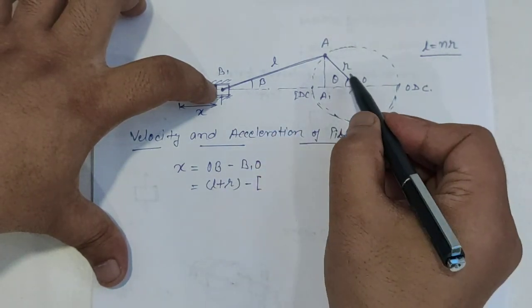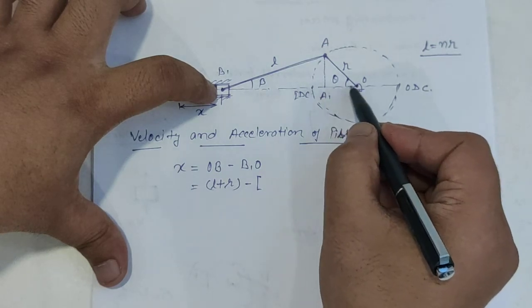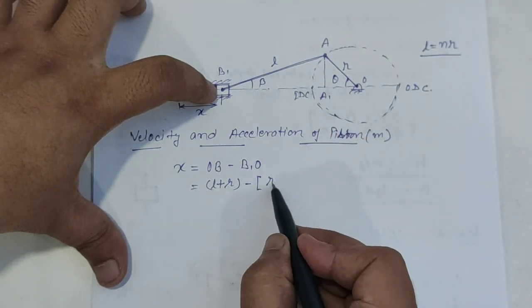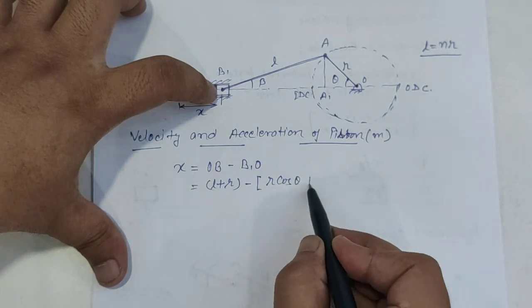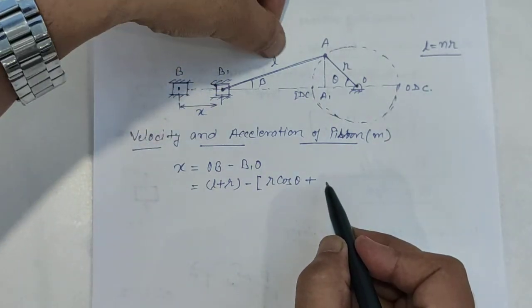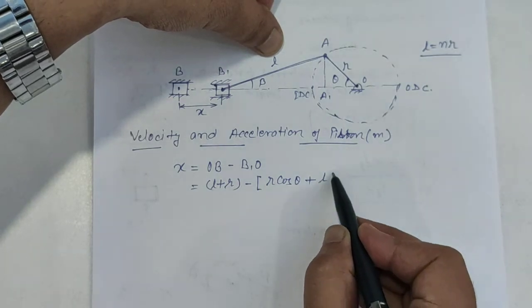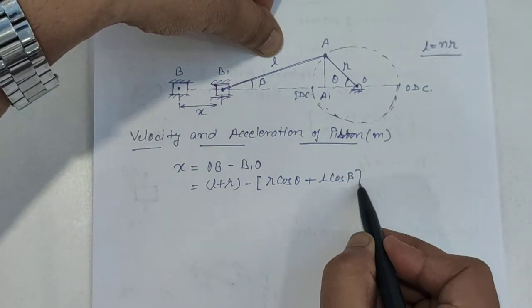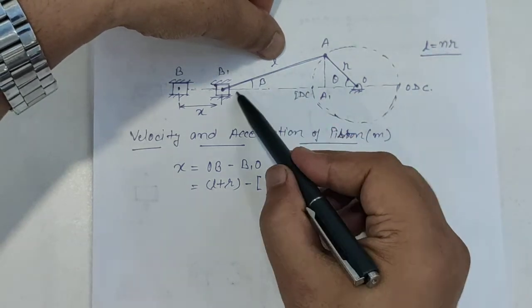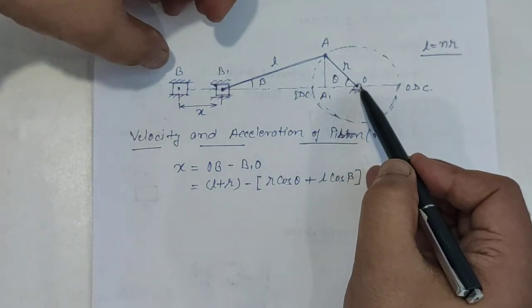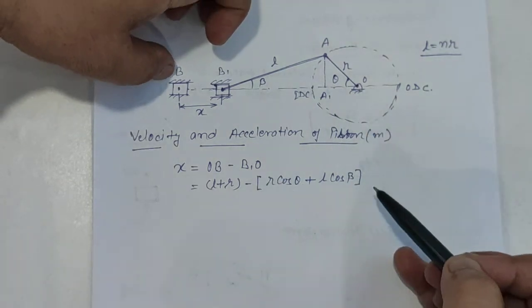The component of R in the direction of theta will be equal to R cos theta plus L cos beta. So L cos beta means this one, R cos theta means this one. So this is the total distance. Total OB will be equal to L plus R.